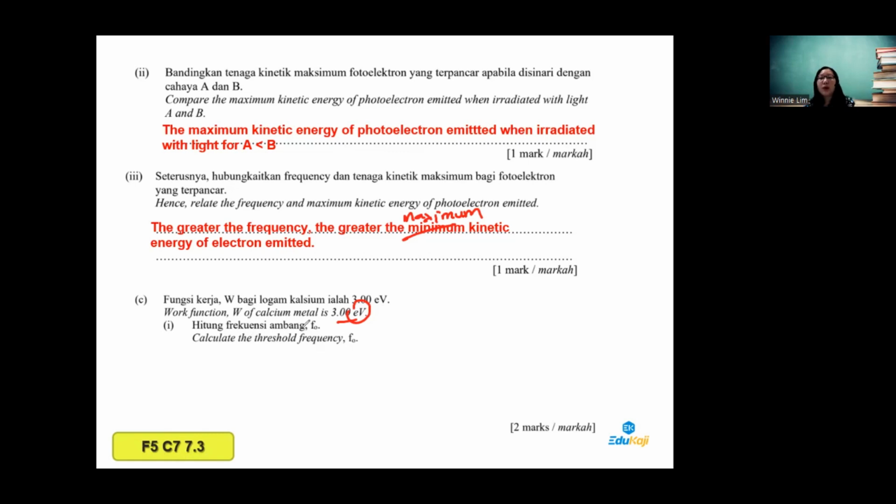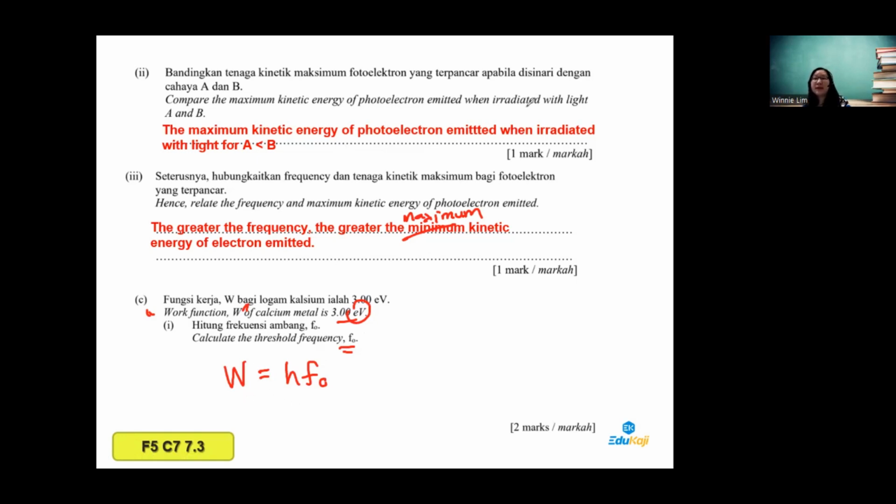So they want you to calculate the threshold frequency. How do you relate the work function with threshold frequency? Work function is the minimum energy required to cause the photoelectric effect. So basically, W equals h f0, where h is the Planck constant. Again, they should give you this constant in the formula list.